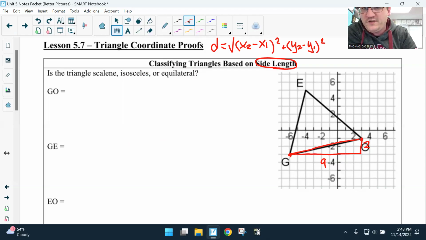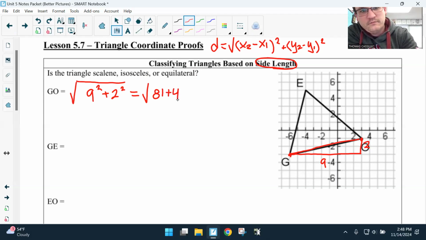That's exactly what I'm going to do here. I'm going to start at point G and go to point O. That length is the square root of 9 squared plus 2 squared. Let's do the order of operations. We get the square root of 81 plus 4.